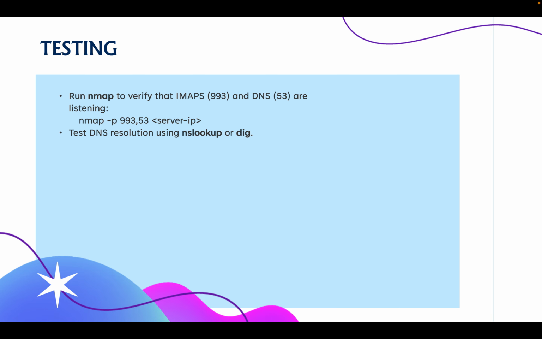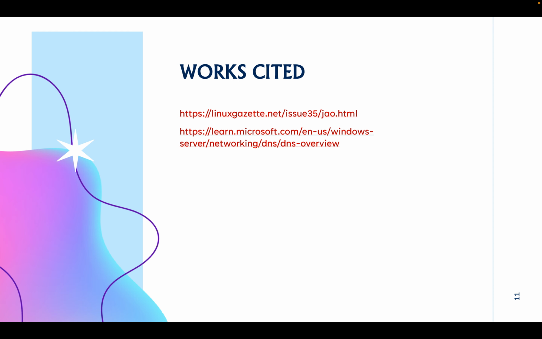We also want to test those and make sure that they are functioning correctly. And then finally, I have my works cited on where I got my sources, and that is all. Thank you.